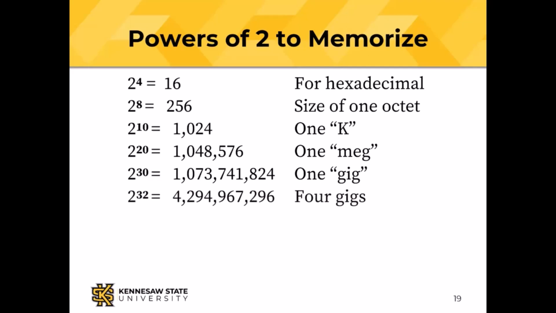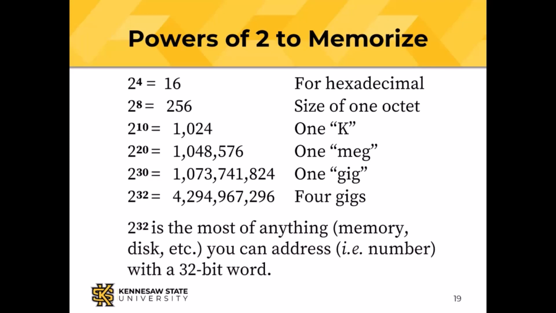2 to the 32, 4.2 billion. That's 4 gigs. And at this point, you really do kind of need to remember the 4.2 or maybe even 4.29. 2 to the 32 is the most of anything that you can address, that is, enumerate with a 32-bit word.